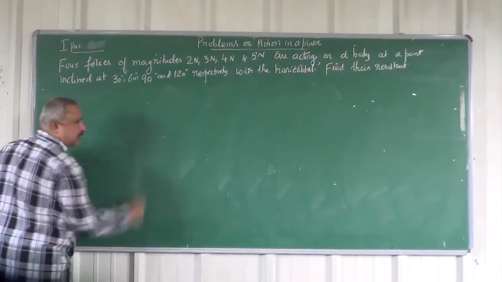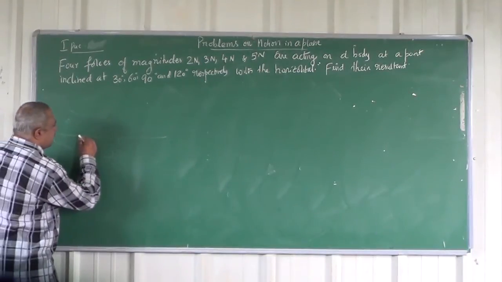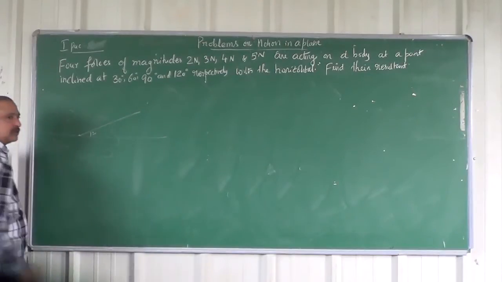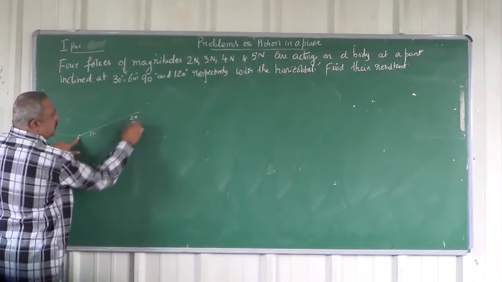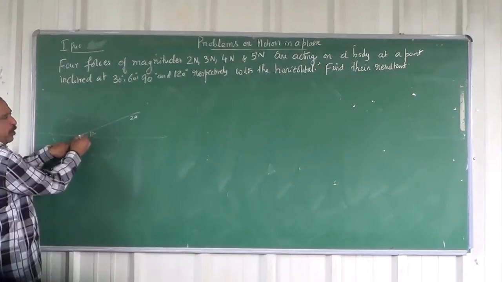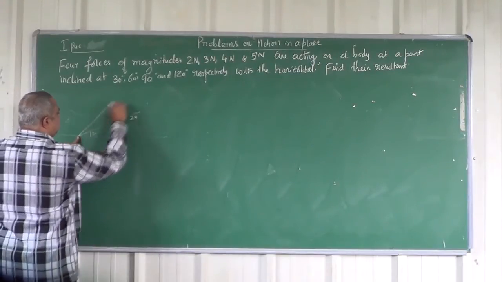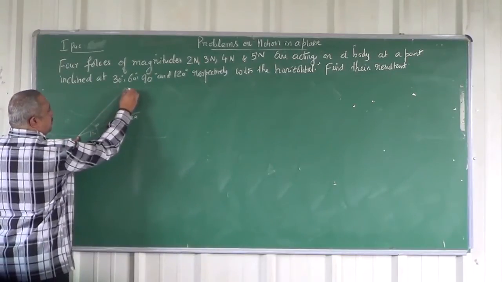This is the horizontal. What is the first force? 2 Newtons. It acts at how many degrees? 30 degrees with the horizontal. So let's say this is the first force at the same point on the body, 2 Newtons. The second force, 3 Newtons at 60 degrees.